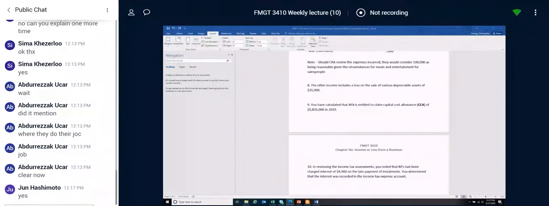Okay. And number 10, we already talked about this in reviewing the income tax assessment. M had been charged interest of $4,900 in late payment of installments. That amount, again, is not deductible pursuant to 18.1(t), because this is federal tax that it relates to. So 18.1(t), not deductible.